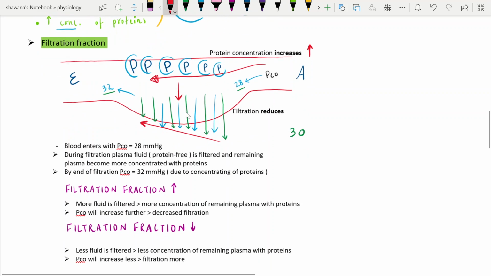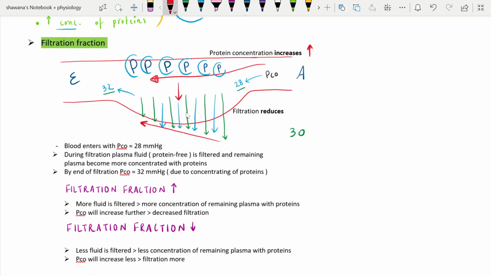Okay, the same thing is written here: in the afferent arteriole, the oncotic pressure is 28. It means that a fractional amount of protein in the plasma is present.